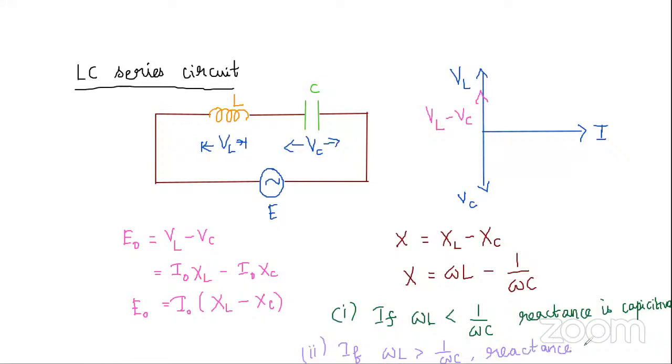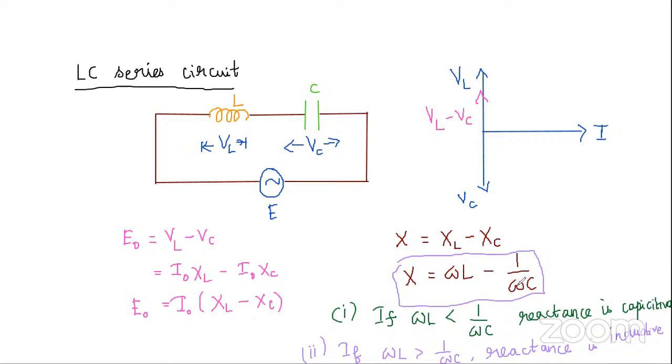That means inductance dominates actually. So this equation is the key here. If omega L is more, inductance has the dominant effect, and when 1 by omega C is more, capacitance has the dominant effect. These are the things which you need to understand very well.